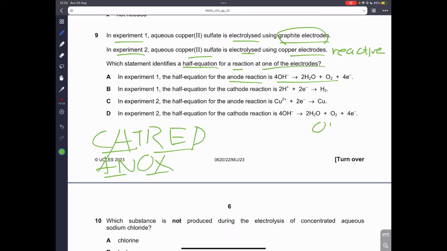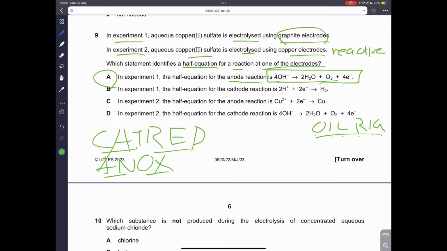Also remember, oil rig: oxidation is loss of electrons, reduction is gain of electrons. So if you remember these two, it is really easy to make this up. So in experiment 1, at the anode, there should be an oxidation, which means a loss of electrons. And clearly this equation shows a loss of electrons and oxidation. So this is correct.